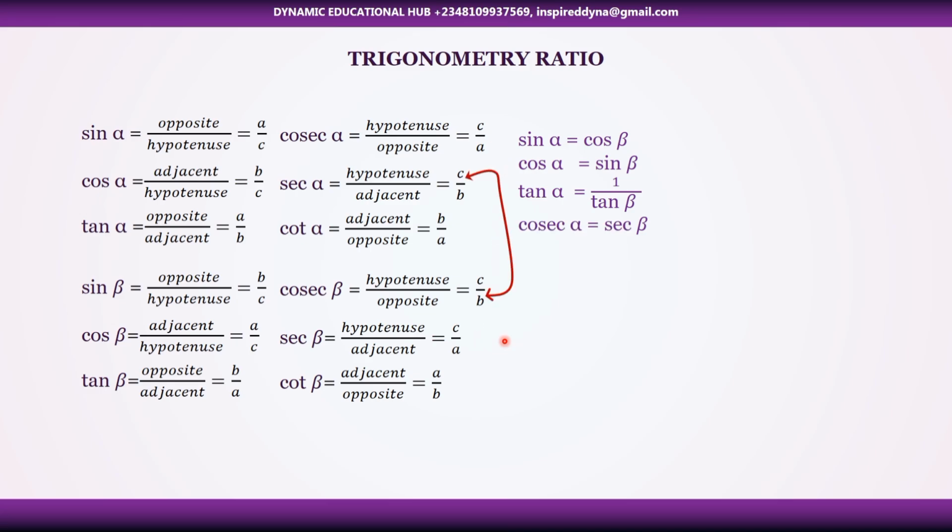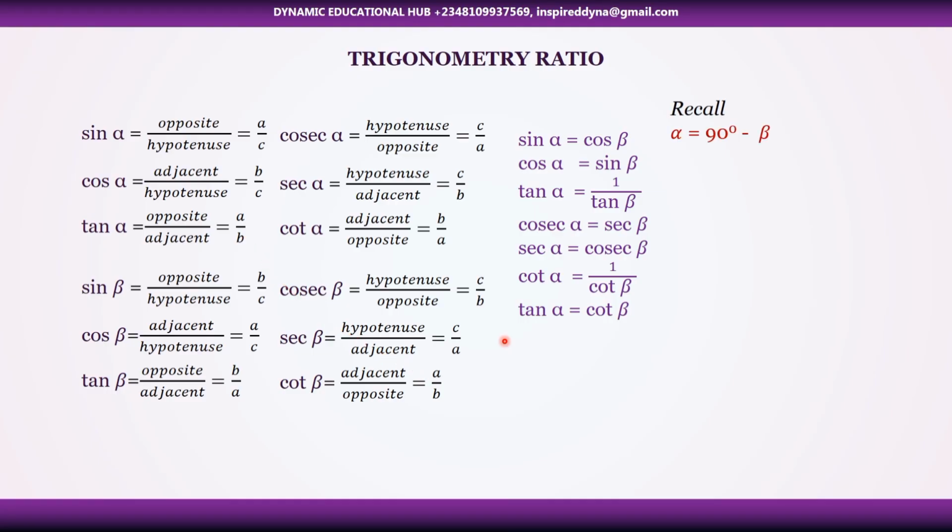And we have sec alpha is the same thing as cosec beta. And we have cot alpha is the same thing as the inverse of cot beta. Now we have tan alpha is the same thing as cot beta.